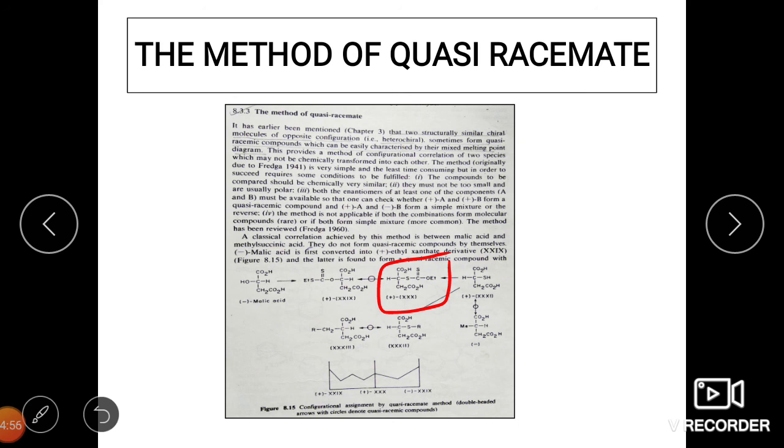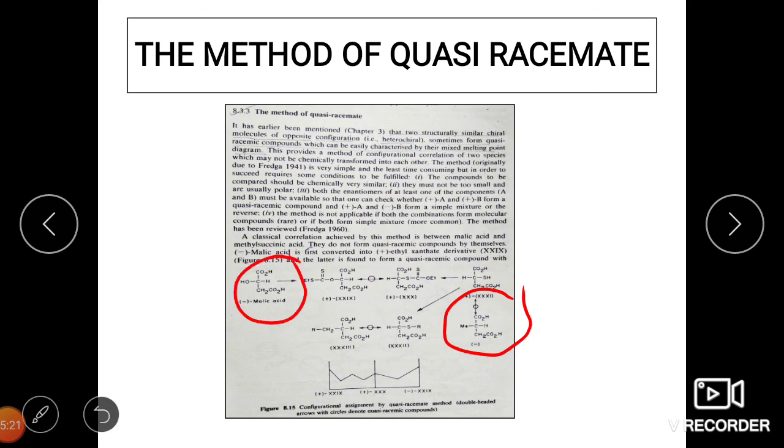Now when you look at this parent group that has been derived from the structure here, you can compare the malic acid with the methyl succinic acid. This is the methyl succinic acid, and this is the malic acid.